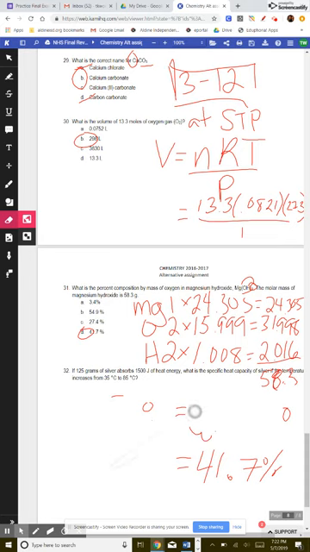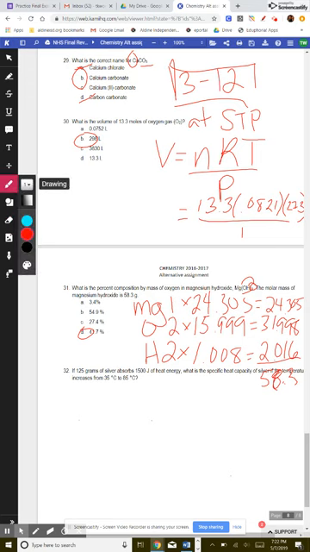It says if 250 grams of silver absorbs 1,500 joules of heat energy, what is the specific heat capacity of silver if the temperature increases from 35 to 85? We just learned this. It was the last topic we learned.